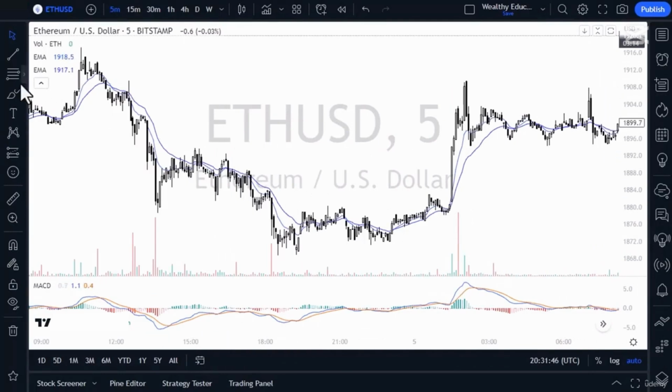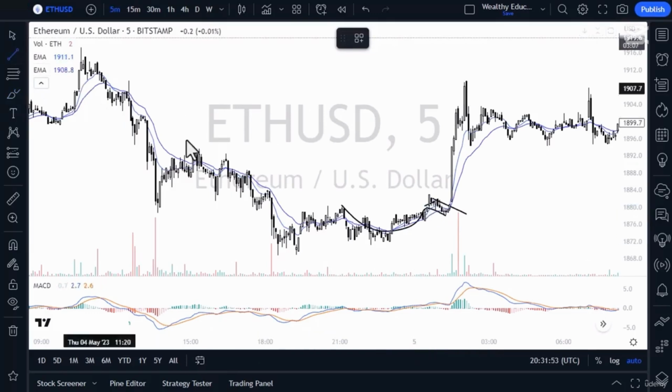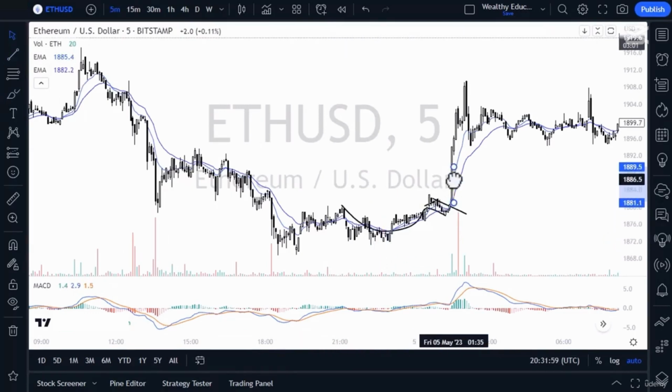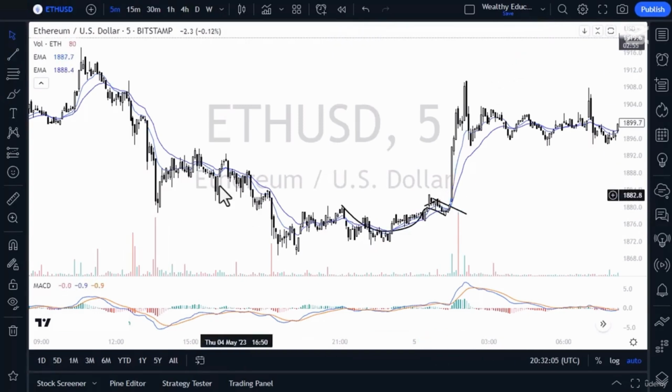So here is a cup with handle. The measured move would be from the top of the cup to the bottom of the cup, as you would expect. And that opens up a move to about 1890. Interestingly enough, 1890 is an area of previous noise. So let's go ahead and mark that.